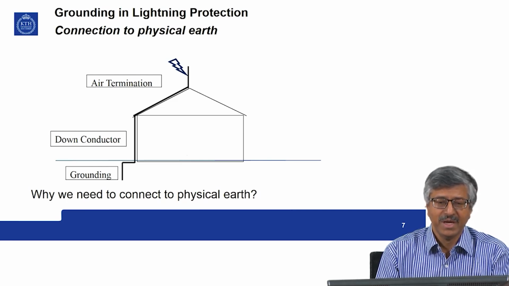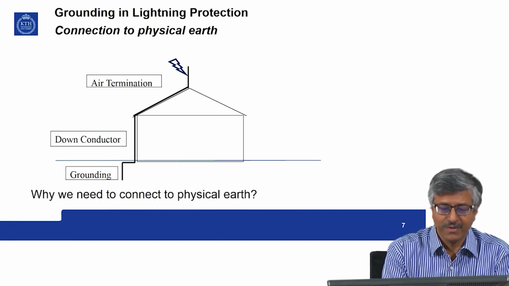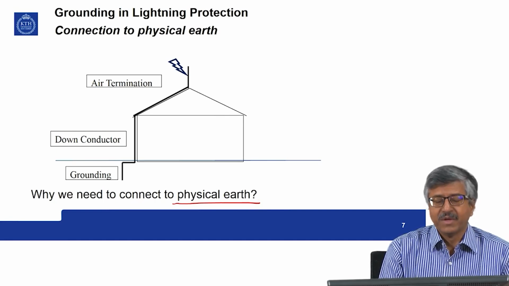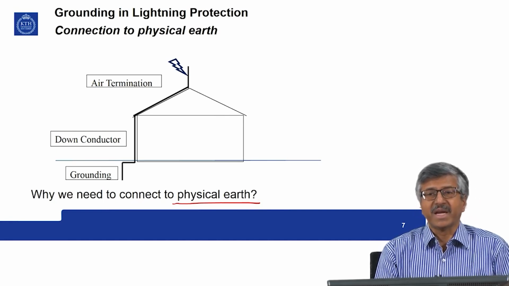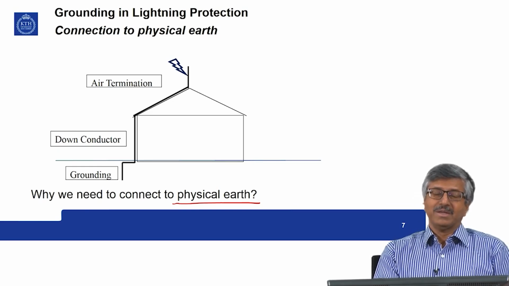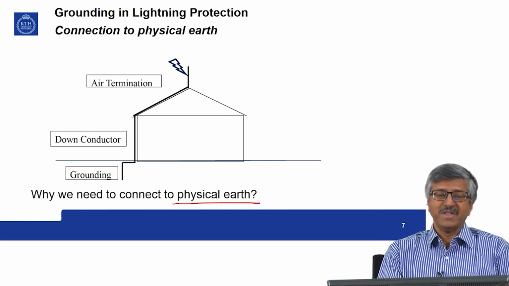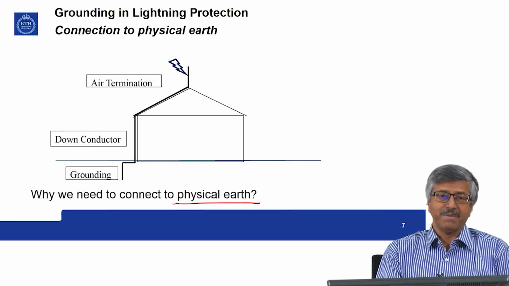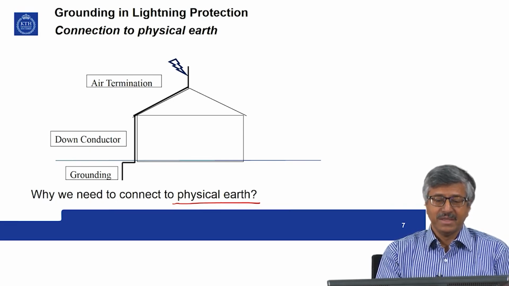So, why in lightning protection do we always talk of the physical earth? For example, we know that lightning is striking an aircraft. So, aircraft is not grounded to earth, but still people are safe inside, equipments are safe inside when we design it according to the principles of EMC. So, why earth?